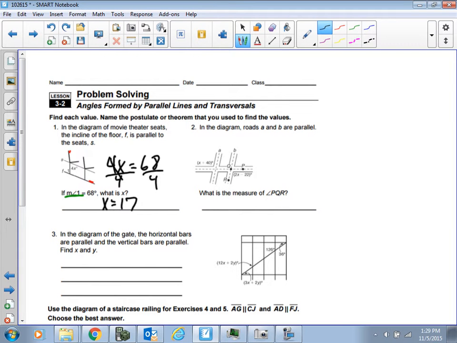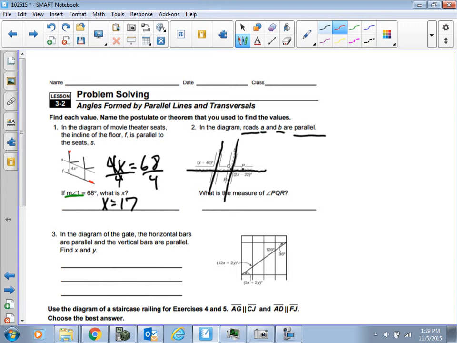Alright, looking at number 2. Again, we have roads A and B that are parallel. So A and B would be these roads, this one and this one, and we have roads that are going through. If you have this line here, you now have angles that are alternate exterior angles.